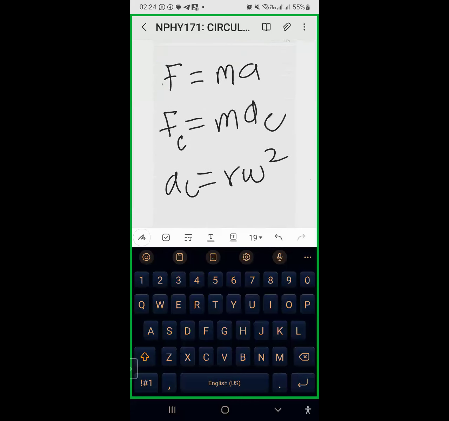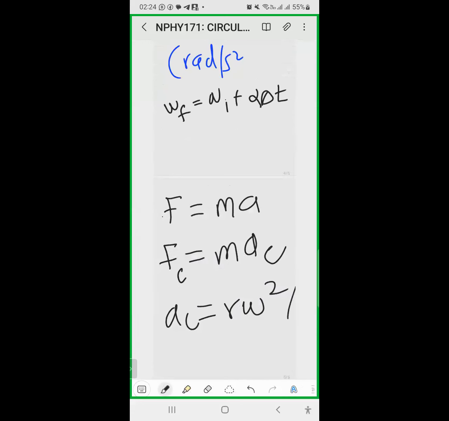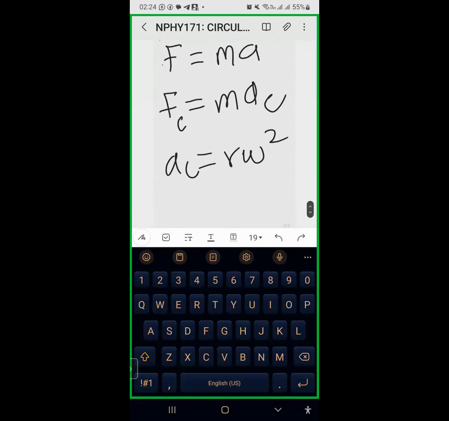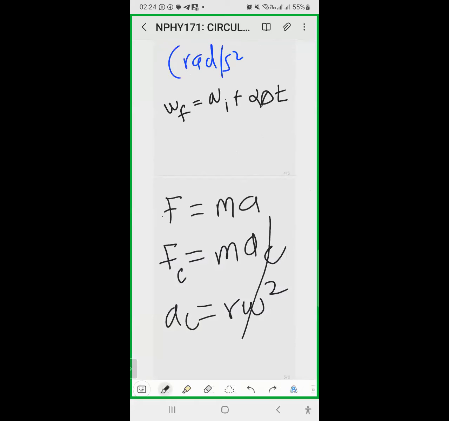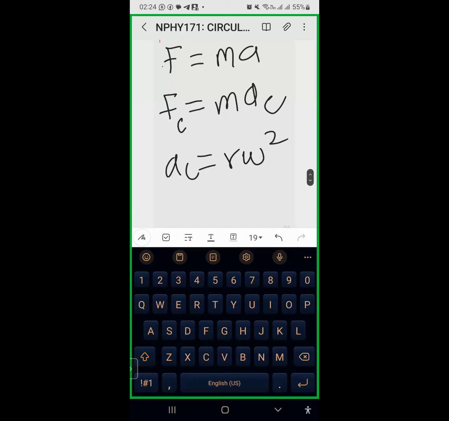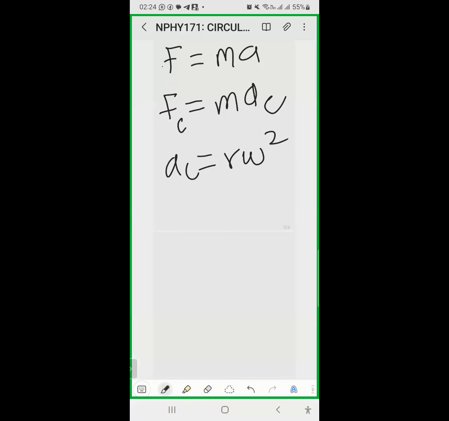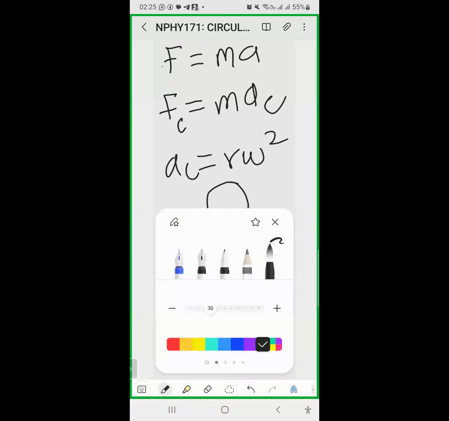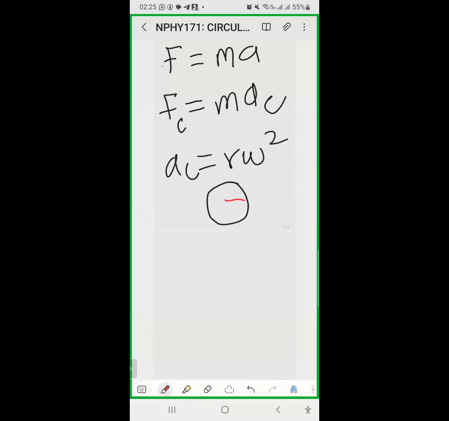If you consider a circular path like this, and there's a particle that is traveling, the centripetal force always points towards the center, and induces the centripetal acceleration, which as well points towards the center.